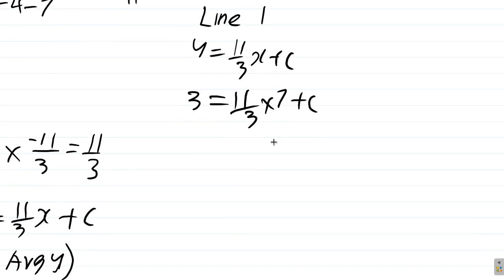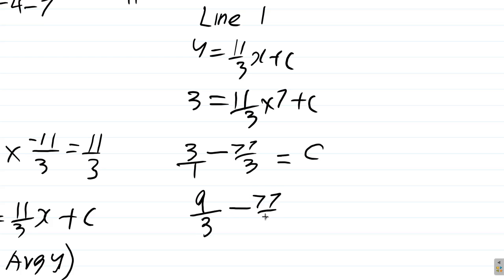So this would say c equals 3 minus 77 over 3. This is 3 over 1. If you multiply both top and bottom by 3, you get 3 3s, 9 up top over 3 1s, 3 down the bottom, minus 77 over 3 equals c.